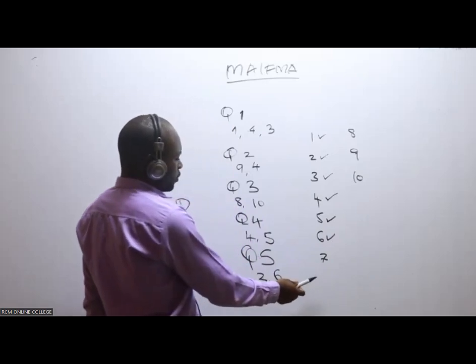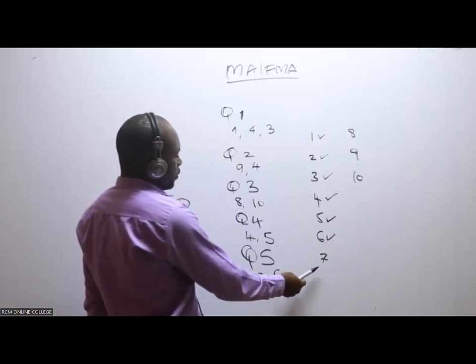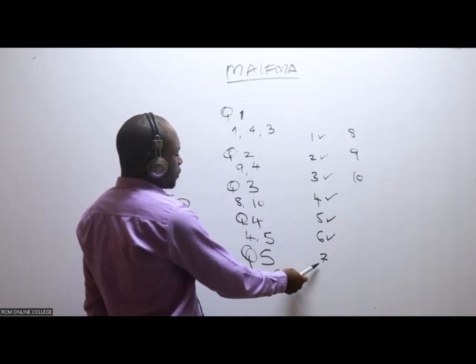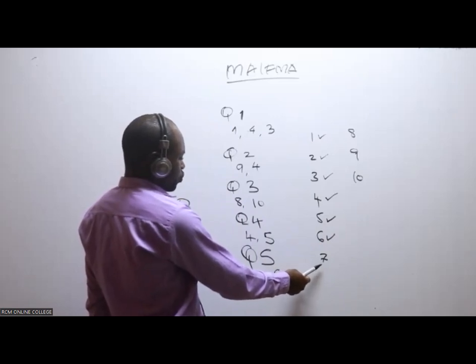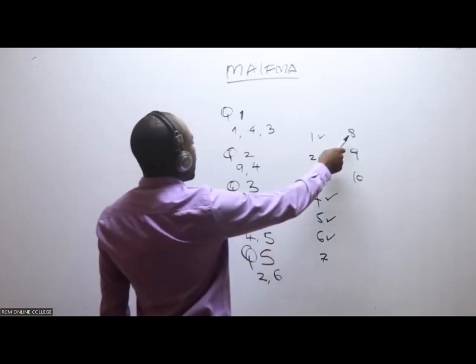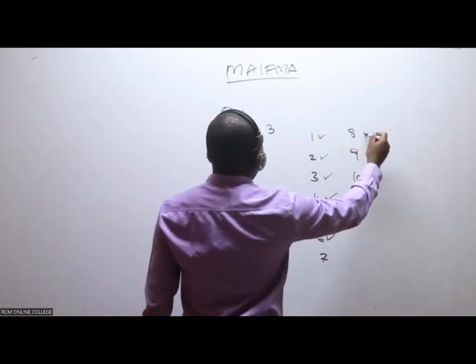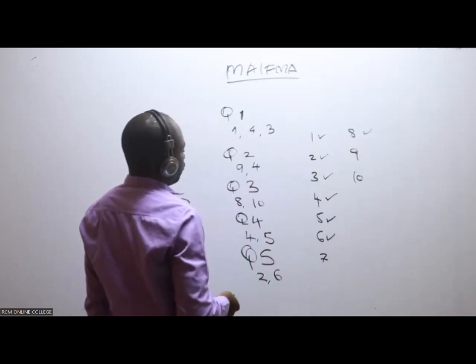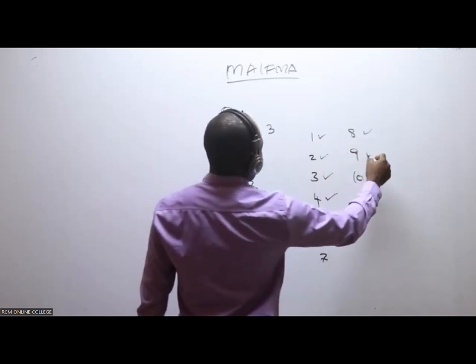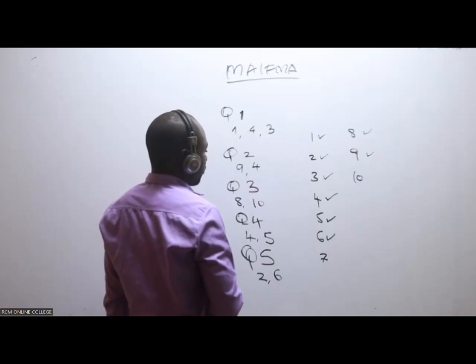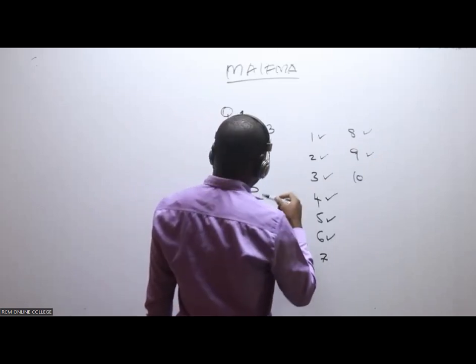Topic 7. Marginal and absorption costing. We don't have it. Topic 8, we have it here. Topic 9, we have it here. Topic 10, we have it somewhere here.